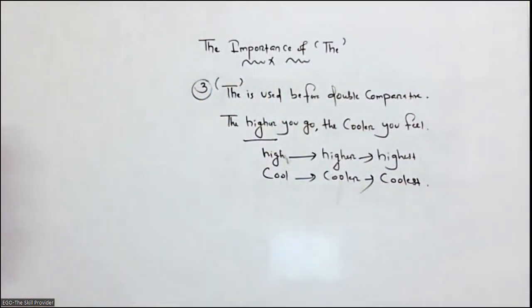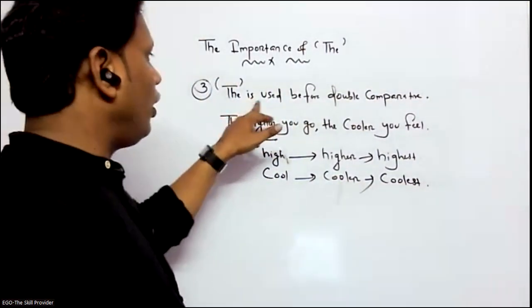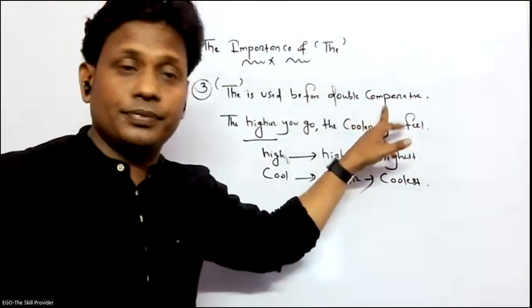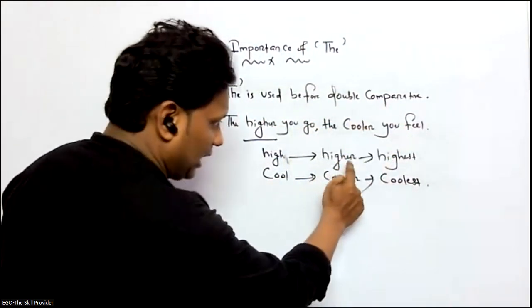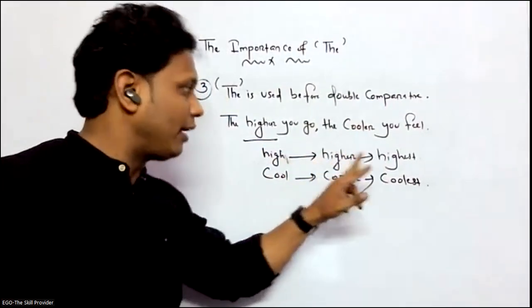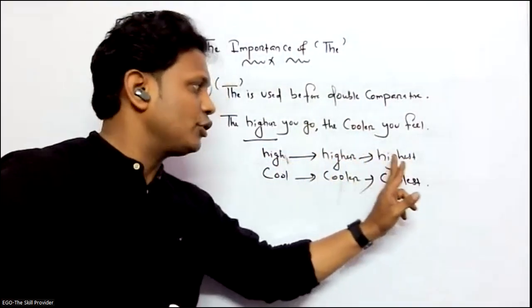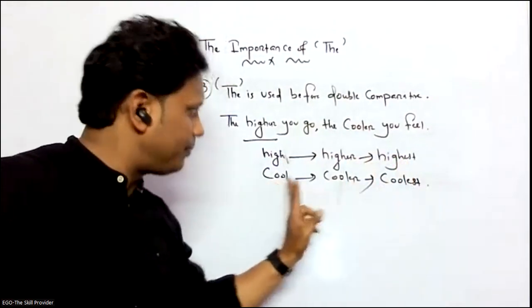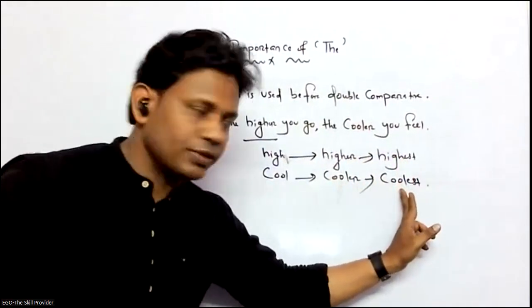This is something called 'the' used before double comparative. This is a comparative, and this is a comparative. I already told you: positive, comparative, superlative, right?